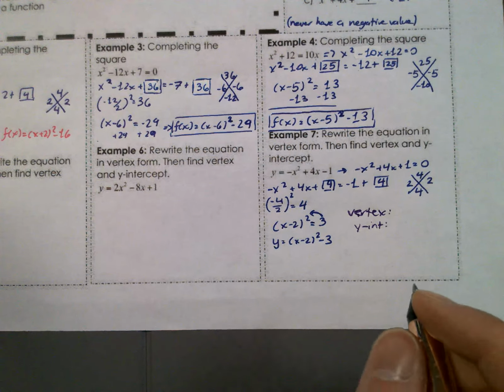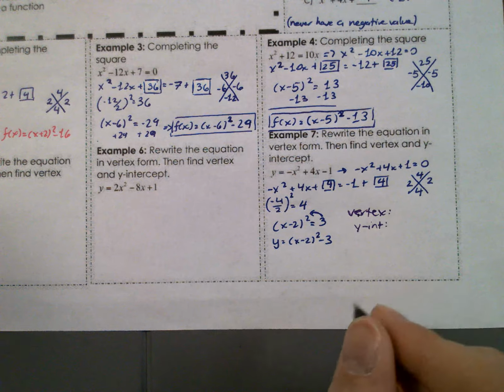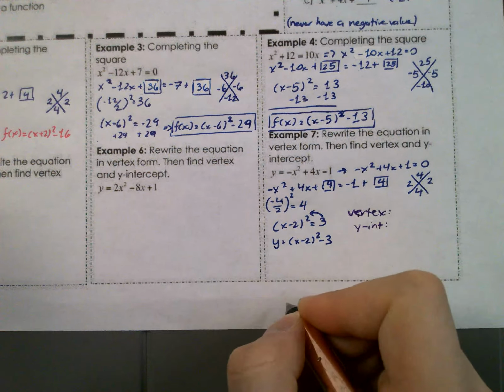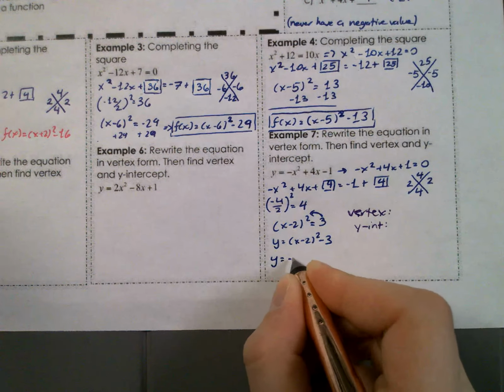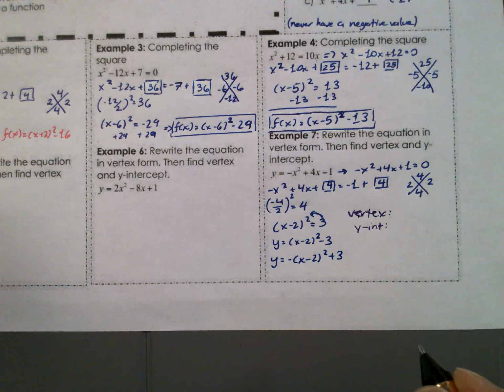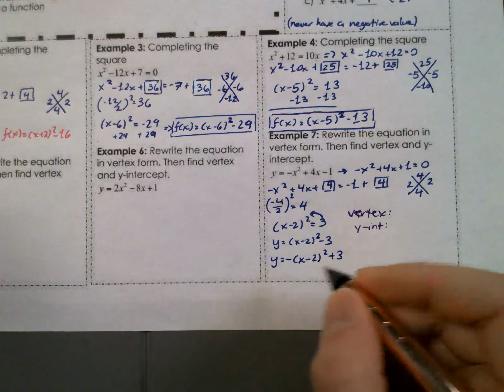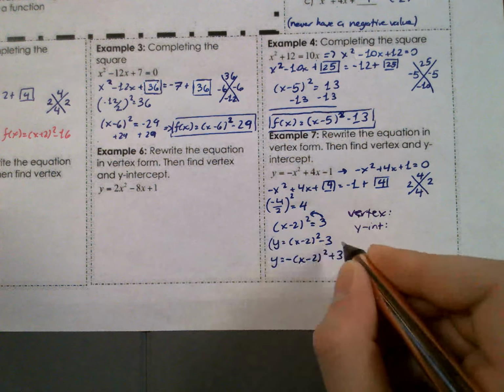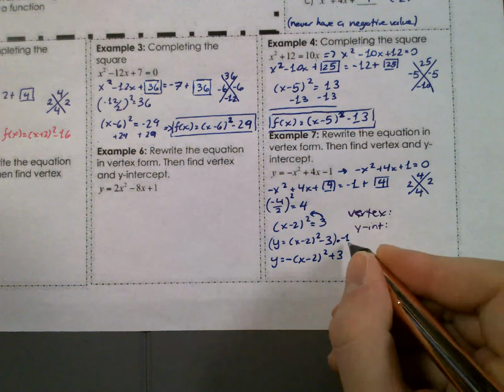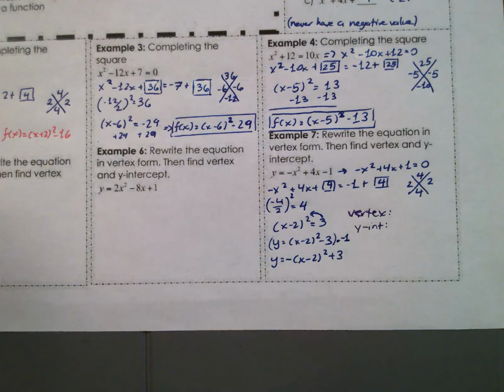I don't like having a negative on that 3. I really don't. So I can multiply this whole thing on this side by negative 1, and I get negative x minus 2 squared plus 3. Nothing wrong with doing that. Though, to be honest, I don't like doing that.